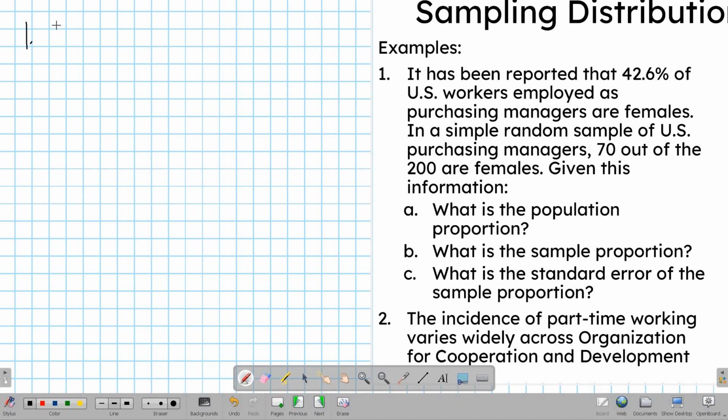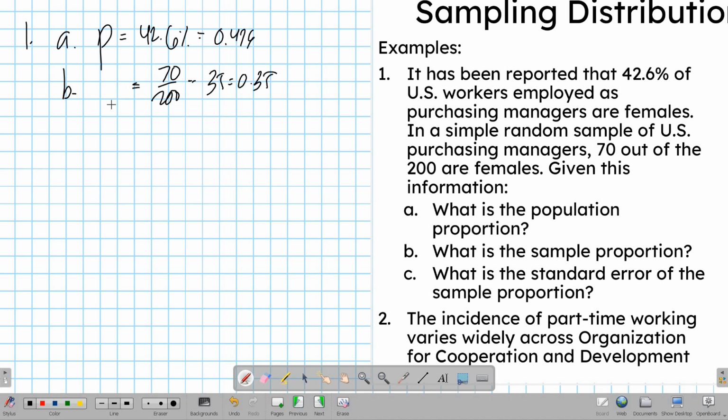As you can see, the 42.6% is already our population proportion. That's what has been reported. Now, in the simple random sample, 70 out of 200 would be 0.35.